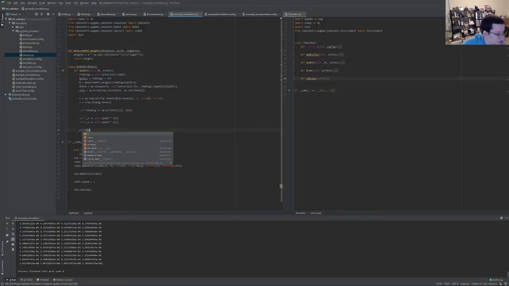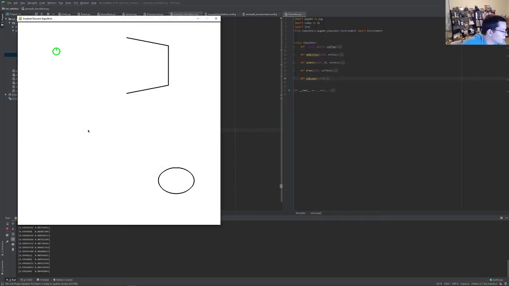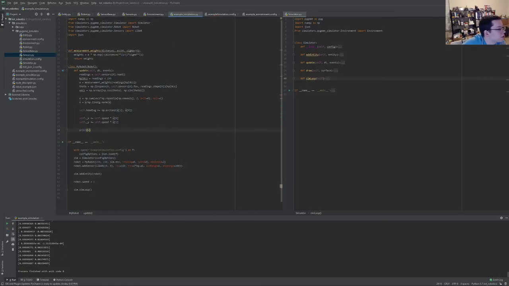So let's go back to printing our vector. Same results. Okay, so let's increase the spread of these.